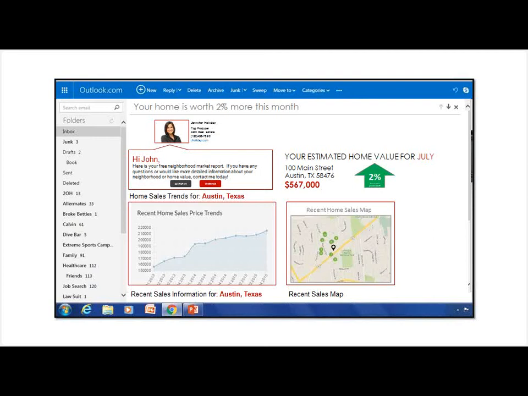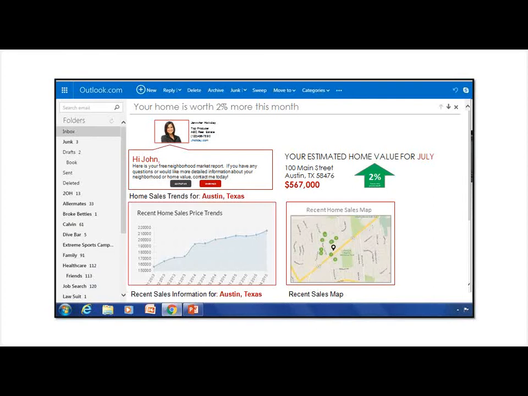What we have here is a mock-up of an email campaign, drip marketing, that would go out on a monthly basis to let the consumer know what the value of their property is worth on the current market. What we can also do is show the percentage change in prices month over month. We've also included recent home sales price trends based on the subject property in their area.